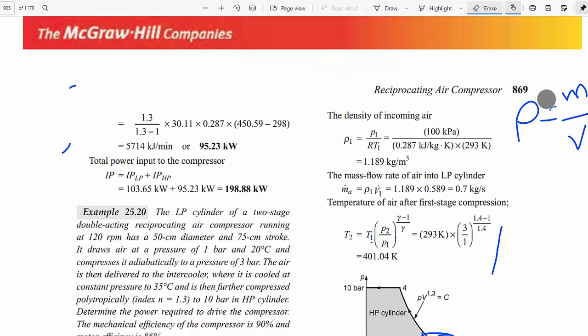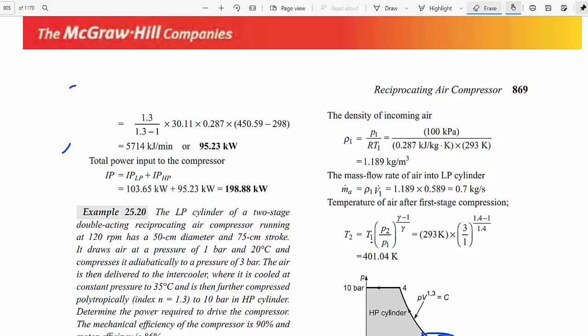Then substitute P1 in kilopascal, R as 0.287, and T1 in Kelvin, which is equal to 293 Kelvin. We get the density of the incoming air equal to 1.189 kilogram per meter cube. Then the mass flow rate, according to the continuity equation, is equal to density into volume flow rate.